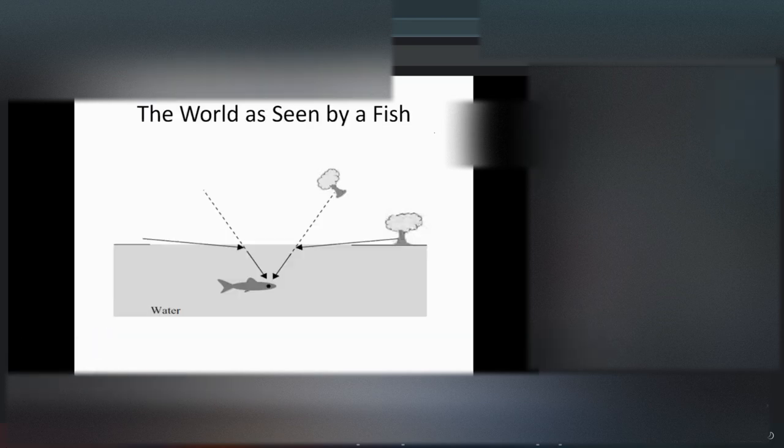Or the fish appears closer to the surface than its actual depth. This is what is seen by a fish. Again, there is bending of light. Or if you see through a thick glass slab, objects appear displaced from their original locations.